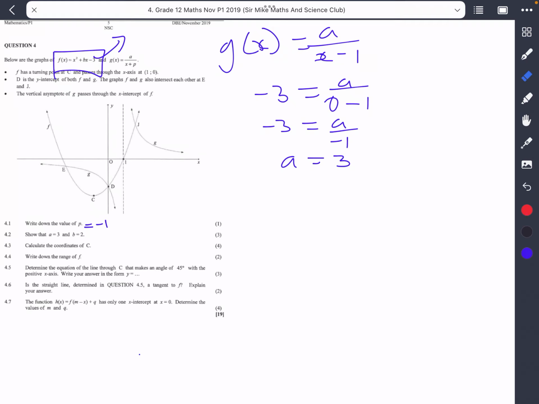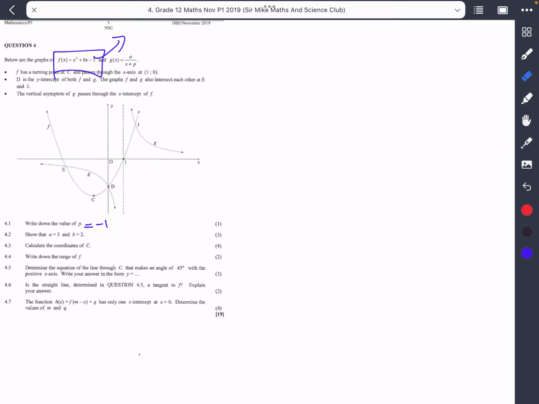So going to 4.3, they say calculate the coordinates of C. We already know that f of x is equal to x squared plus 2x minus 3.